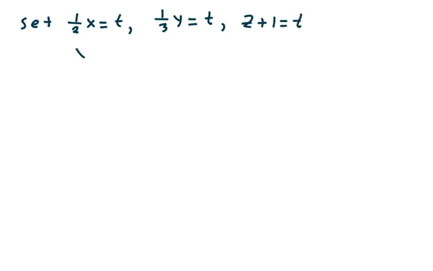Solving for x, we get x equals 2t, y equals 3t, and z equals -1 plus t.